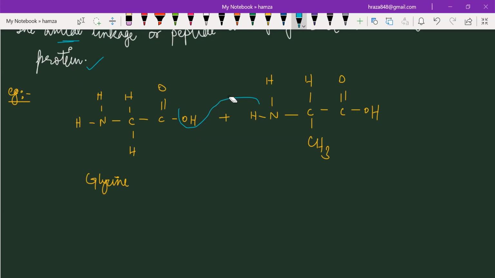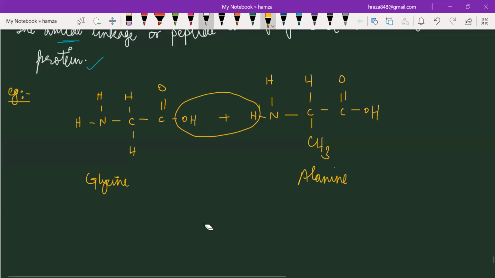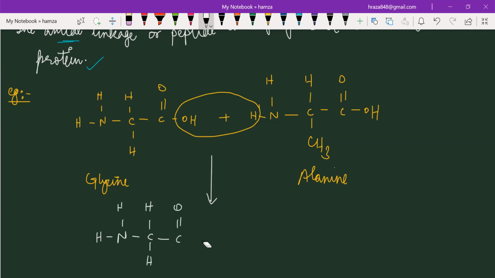So this is alanine, you can see, and the first one is glycine, and then we will get NH, and then H, C, H, then C double bond O. And the rest will be the same.